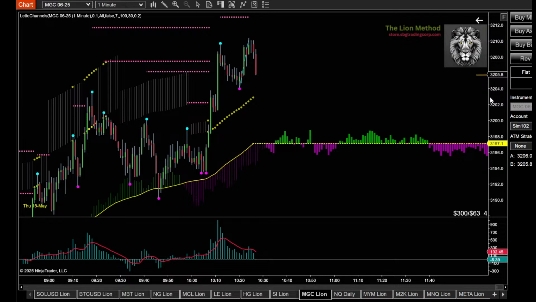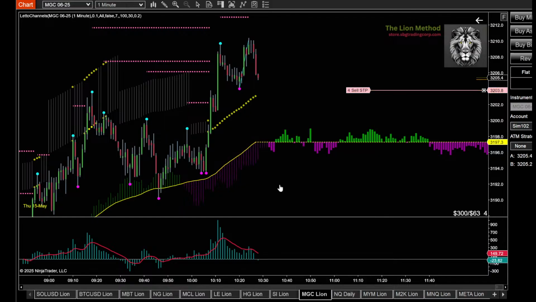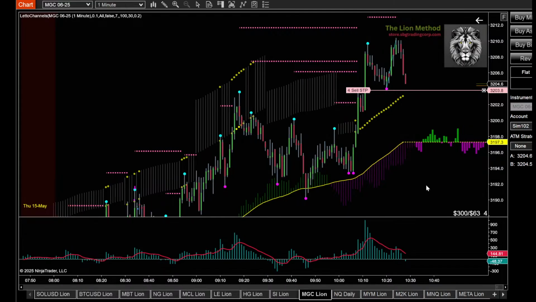We could risk 4 of our contracts on the micro gold. So let's try that. Go short, sell stop at that. I'm at 3308, so I'm a little bit south of. There we go, 3204. You can see our order flow is downward.